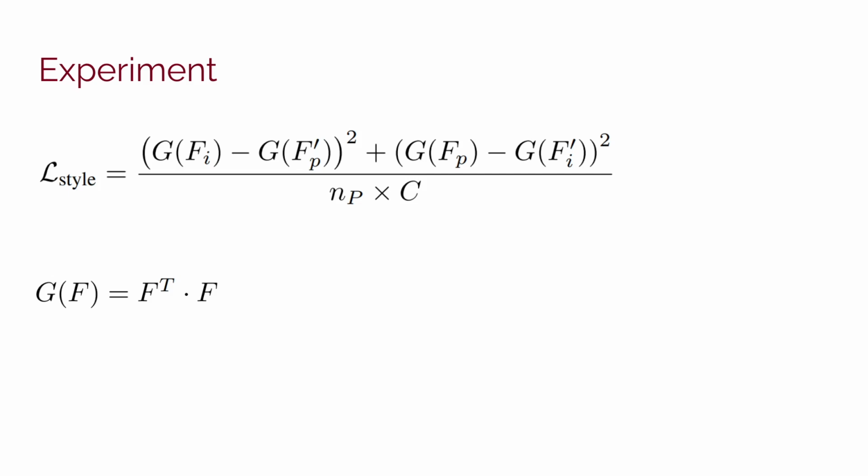So if the feature vector is of length n, the gram matrix is a square matrix of size n by n. What we are trying to do is equate the gram matrix of the image features to the gram matrix of the point cloud features.